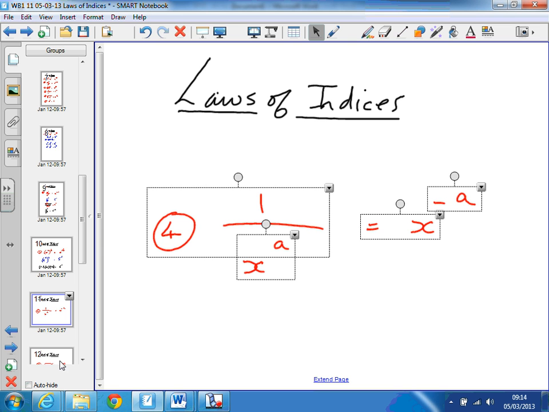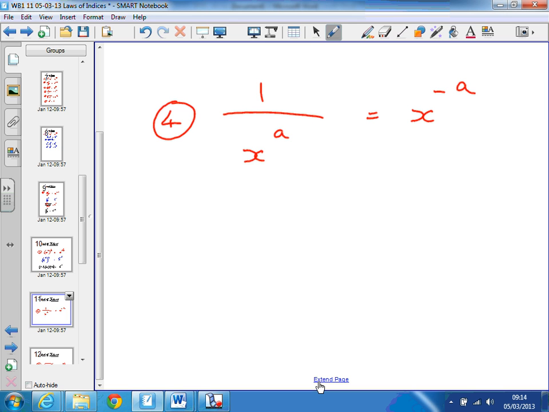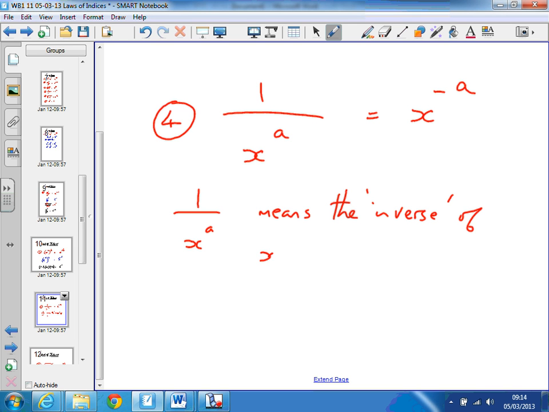And then we come on to some interesting ones. The inverse. This is one that comes up a lot, particularly in calculus, this inverse function. So 1 over x to the a means the inverse of x to the a.